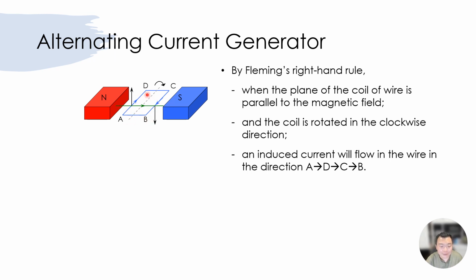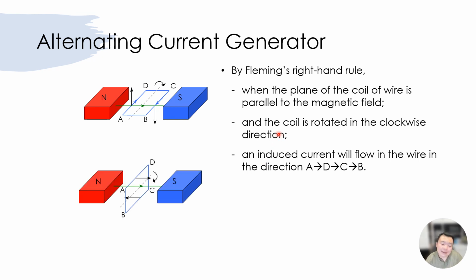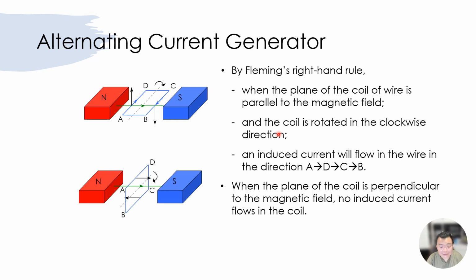So at this point, when the coil is parallel, you will have an induced current flowing like this. In fact, this is the maximum current that it can generate. Now, next up, once the coil rotates to being perpendicular to the magnetic field lines, there will not be any induced current at all.